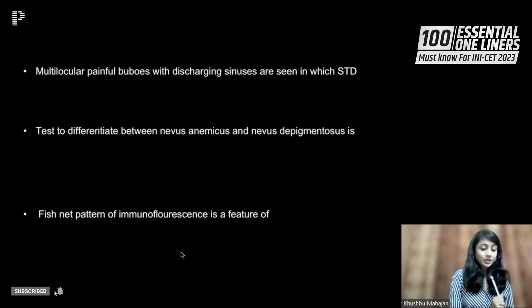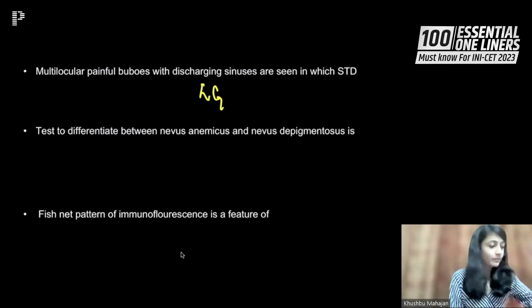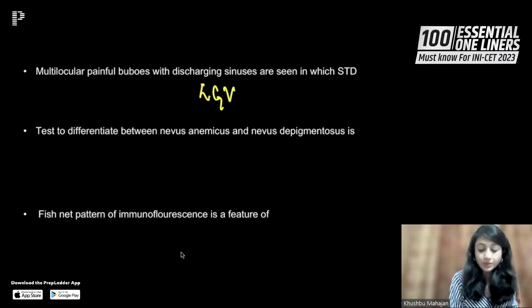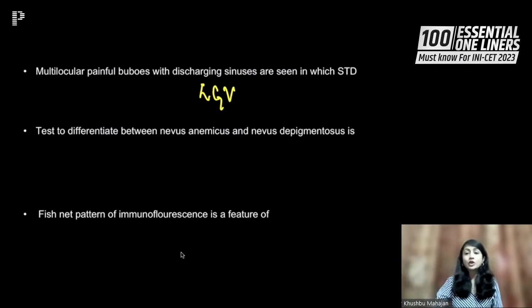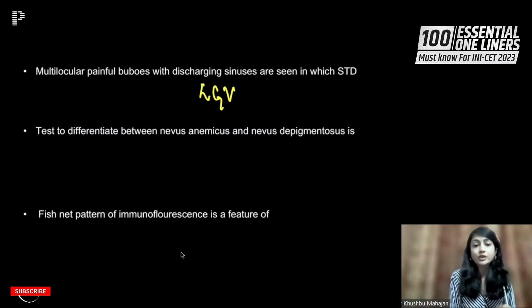No, it is not Haemophilus ducreyi. It is LGV. Now remember to differentiate between chancroid and LGV buboes. LGV is multilocular, it is painful, it is not associated with ulcer. Chancroid buboes are unilateral, unilocular and associated with ulcer. So here the answer would be LGV.